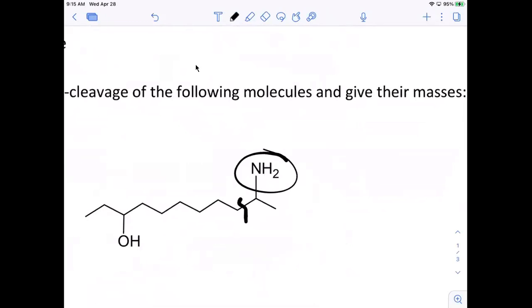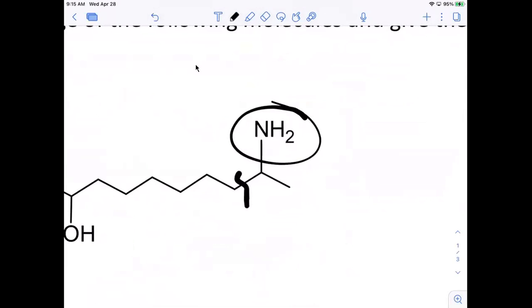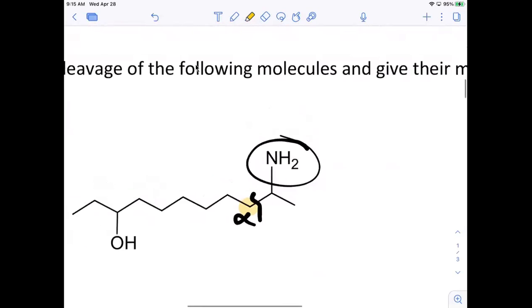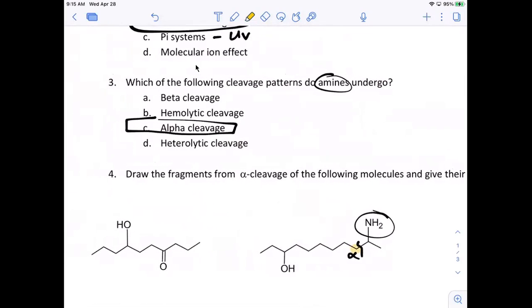This is the position that's alpha to that functional group, that carbon. So all amines, alcohols, carbonyls, sulfides, you can go down the list of functional groups, they're all going to undergo alpha cleavage as one of the main fragmentation patterns.